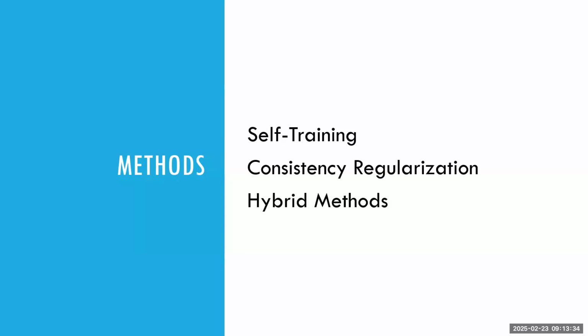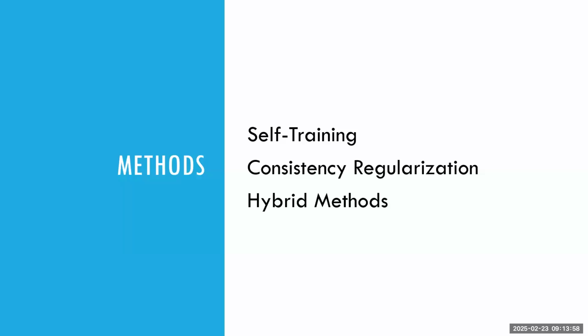So for semi-supervised learning, we have three paradigms, three methods of doing it. The first method is called self-training. Self-training, as the name suggests, is where you train on your own dataset and then try to extend the labels outward.